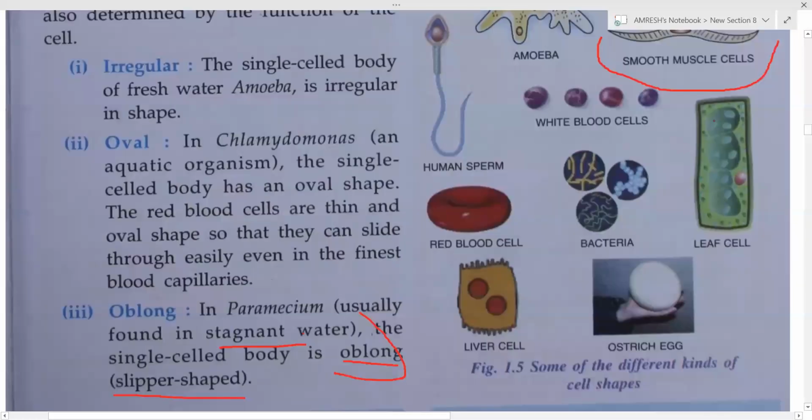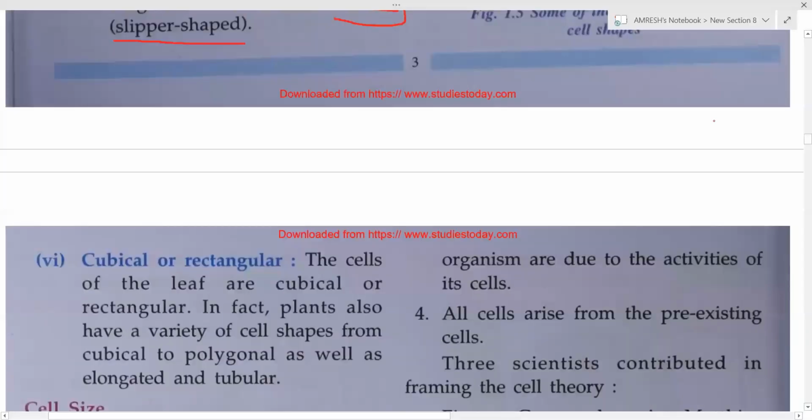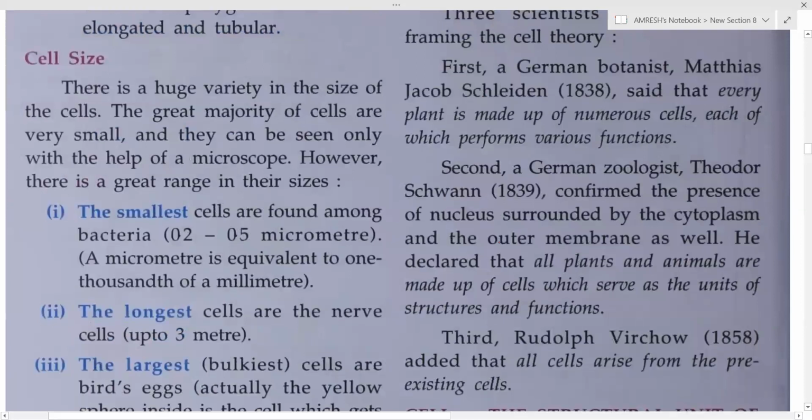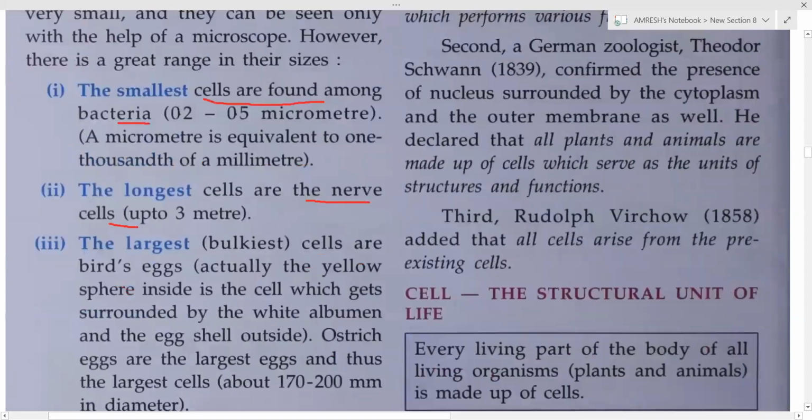Cubical shape, see your cubical shape cell. Plants basically have this type of cubical shape cell. Cell size: the smallest cell is bacteria, very small, and the longest cell is the nerve cell, and the largest cell is the ostrich egg.